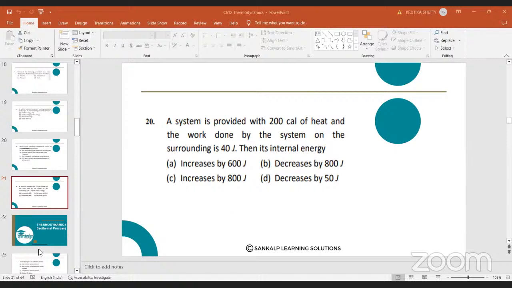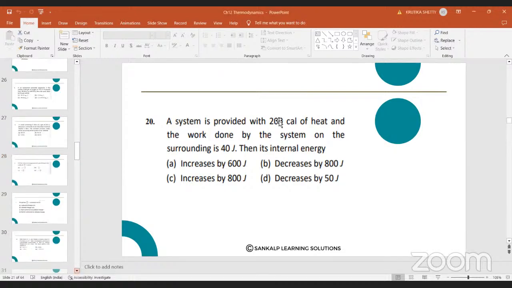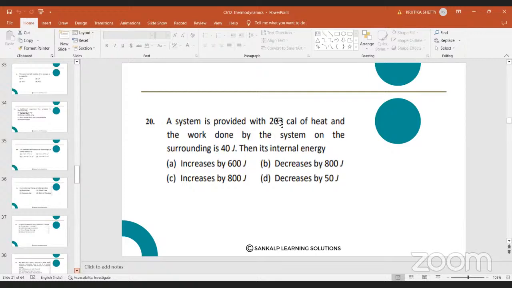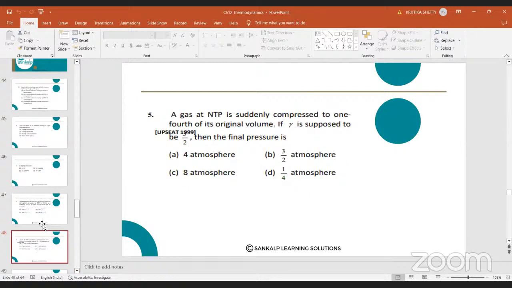This was yesterday's last question: a gas at NTP is suddenly compressed to 1/4 of its original volume. If gamma is 3/2, then the final pressure is? We have discussed this question, and option C came. I hope you have done this one, so I'm going to continue with the next question.